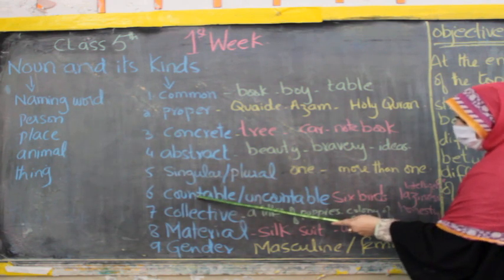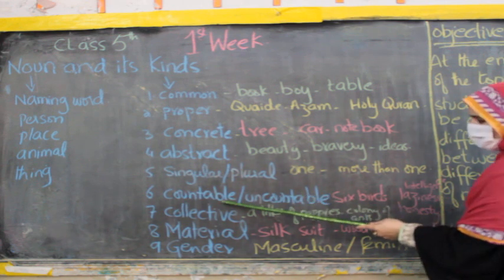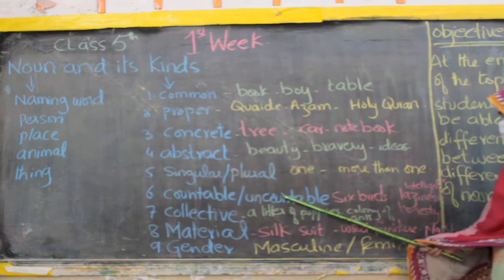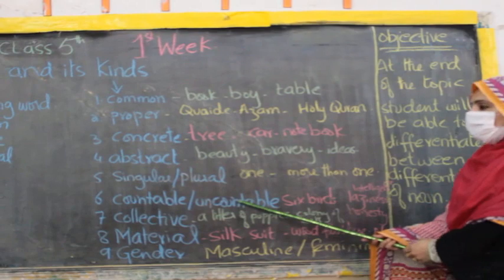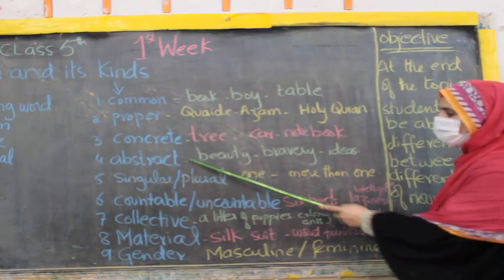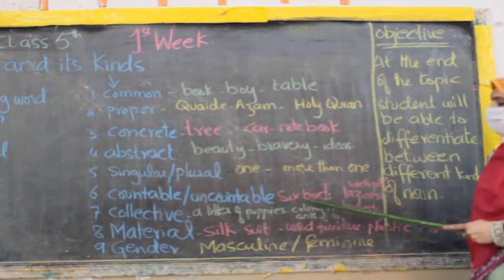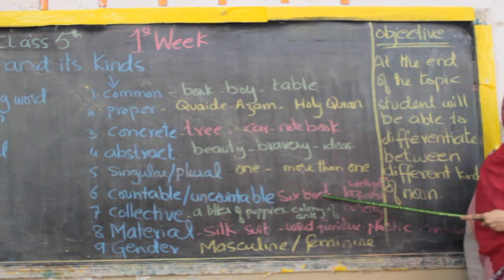Number 6 we have countable and uncountable. You can understand by its name. Countable are the things which we can count, and uncountable are the things which we cannot. Uncountable nouns can also be connected with abstract noun as well. Countable noun is if you say that there are 6 birds or you have 2 pencils, you can count them.